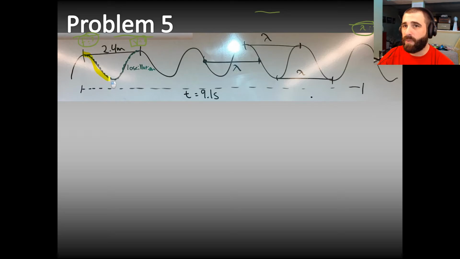So we got 1 wave. Let's go to a different color. And now we got 2 waves to the next crest. This is a bad idea. So we're just going to go back to yellow. So that's 1 wave.